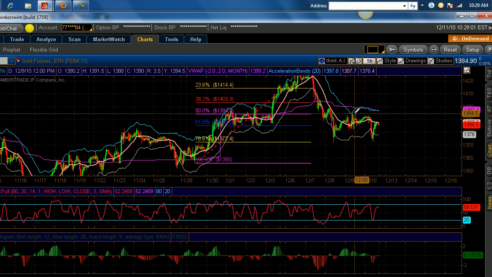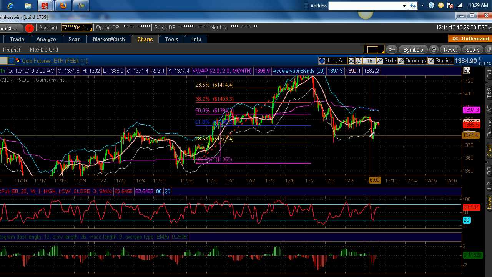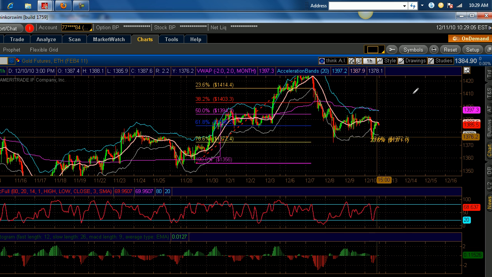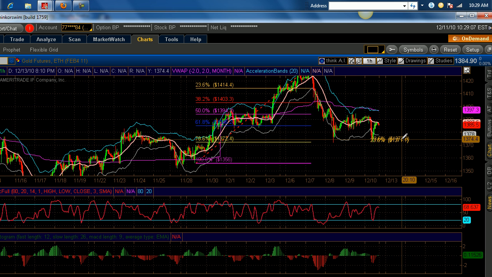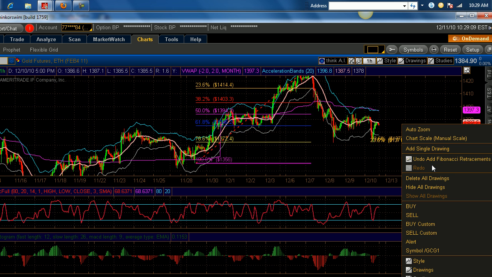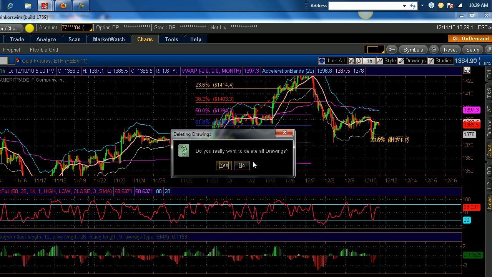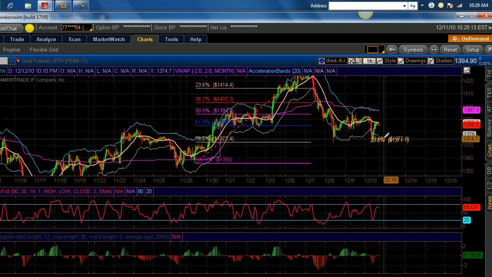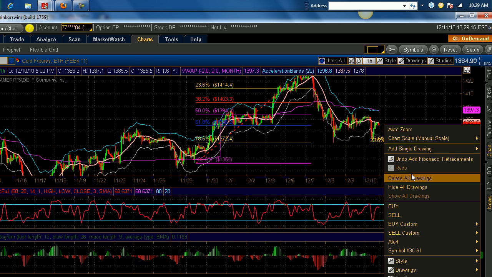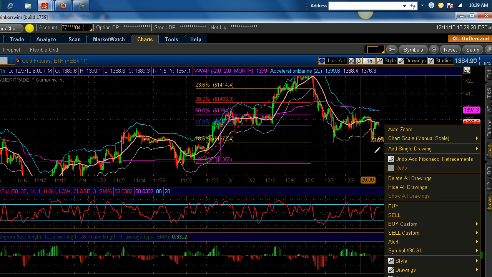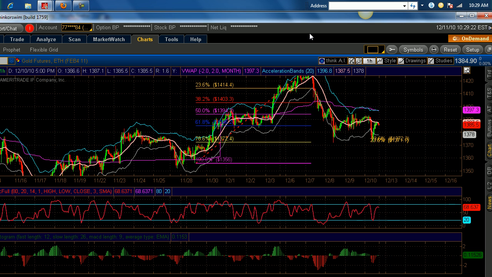I think we did hit 1394. And then we came back down and retested that again at the 1372. I don't want to delete all drawings, I just want to delete this one. Your Fibonacci is such a good tool to have in your toolkit if you don't use it.